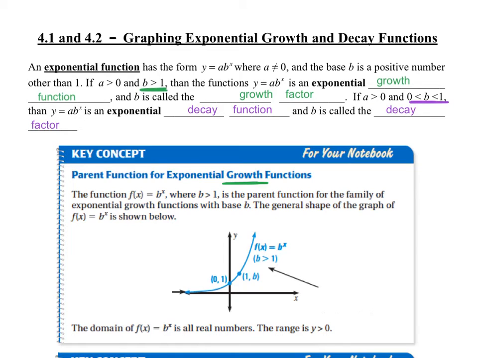And what happens is you guys can see that as this graph goes from left to right, it goes away from your x-axis. So that's how you know that it's going to be a growth function.